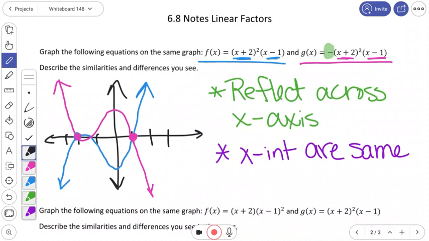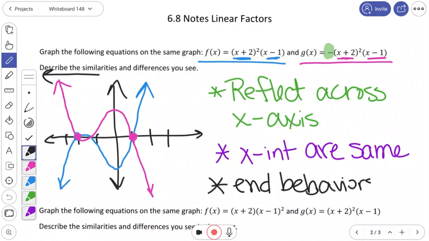As x goes to -infinity, my g of x is going up forever to +infinity, and my f of x is going down forever to -infinity. So we can tell that our end behaviors are opposite because of that negative.